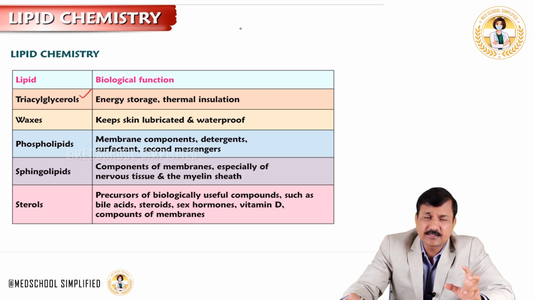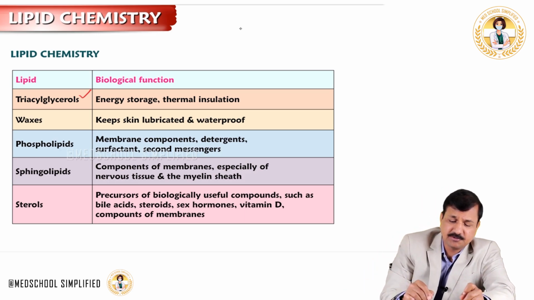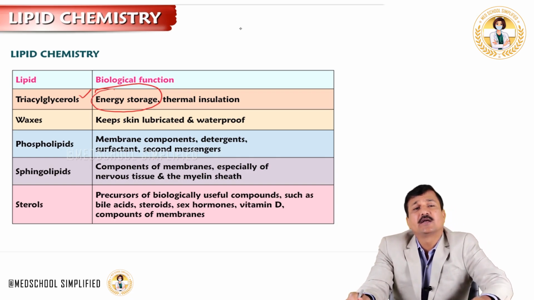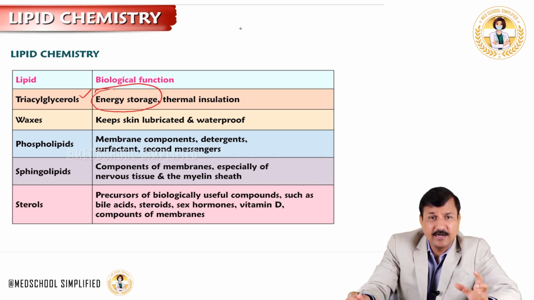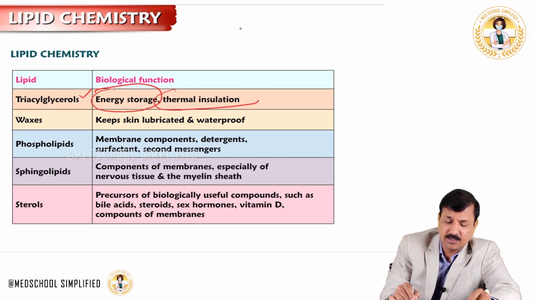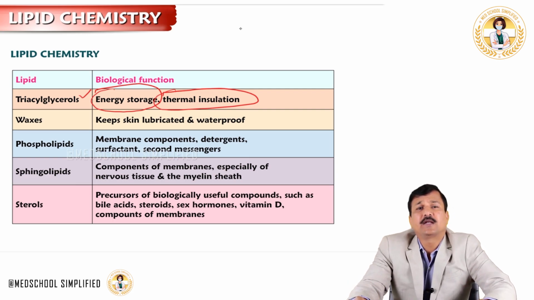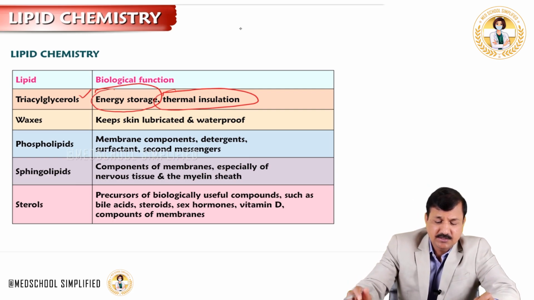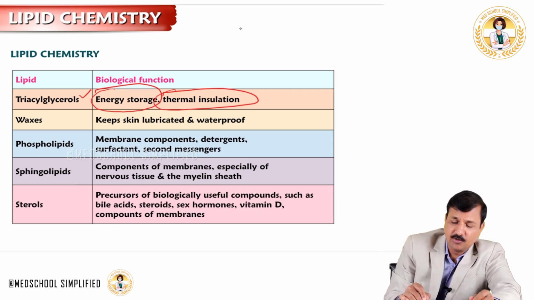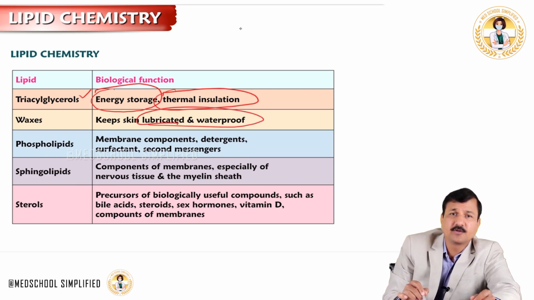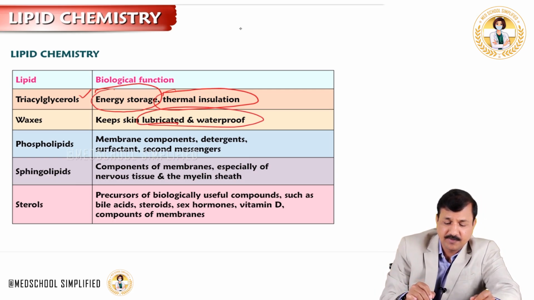Overall, triacylglycerol is a storage form of energy in our body, especially stored in the adipose tissue. Also note that triacylglycerol, or the adipose tissue that stores it, acts as a thermal insulator, thereby maintaining our body temperature. Waxes keep skin lubricant and waterproof because they repel water.